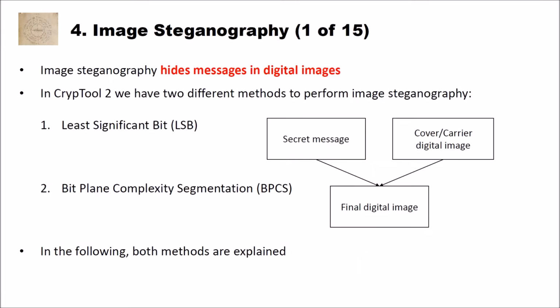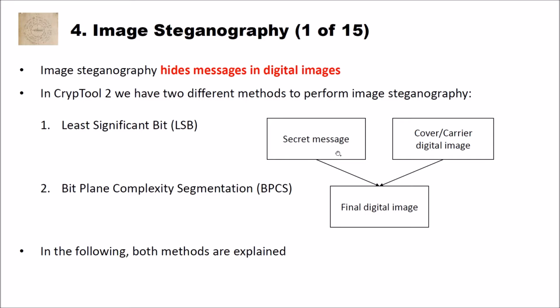Image steganography hides messages in digital images. And in Crypto2 we have two different methods to perform image steganography: the least significant bit or LSB method, and the Bit Plane Complexity Segmentation or BPCS method. Both methods use a secret message and a cover or carrier digital image.